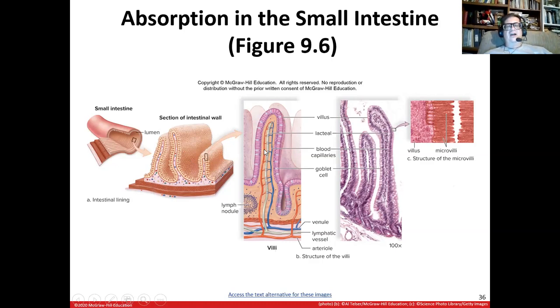Inside of the villi, you have the blood capillaries, the lacteals, which are lymph capillaries that often carry fat. You have on the outside here, these cells that line the intestine, line the lumen, include goblet cells. Those are mucus makers. They help lubricate the passage of food through the intestine by making mucus.